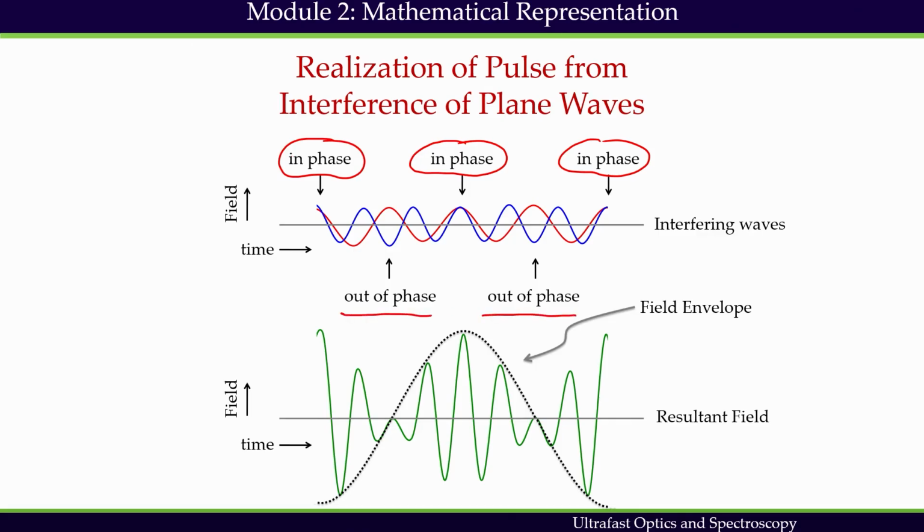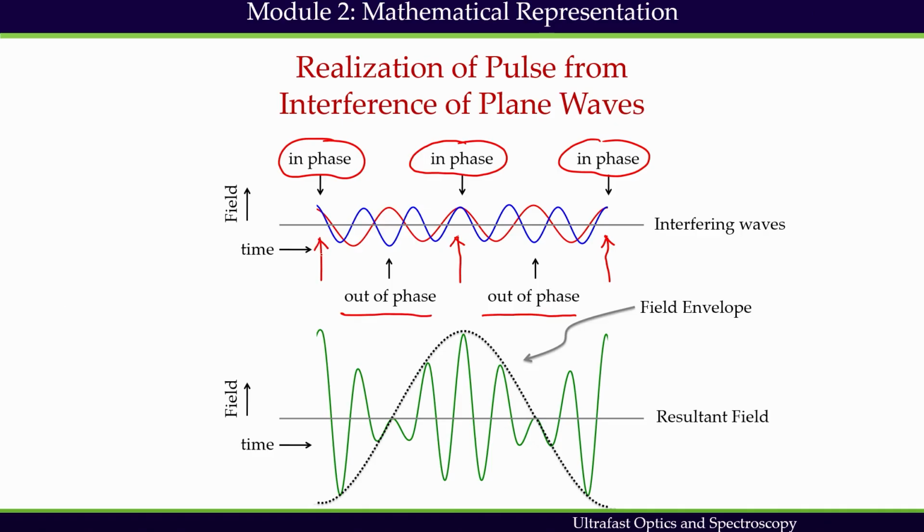When two waves are interfering in phase, that is called constructive interference, and when they are out of phase, that is called destructive interference.